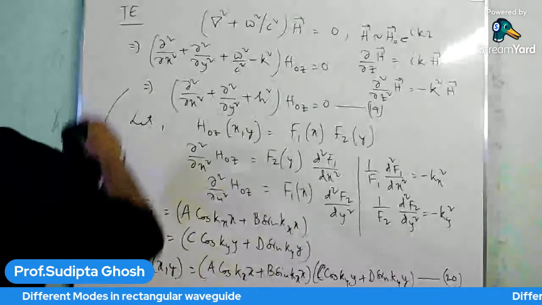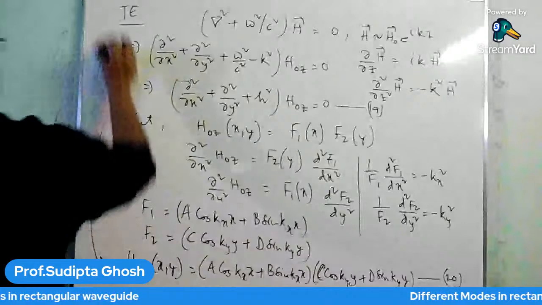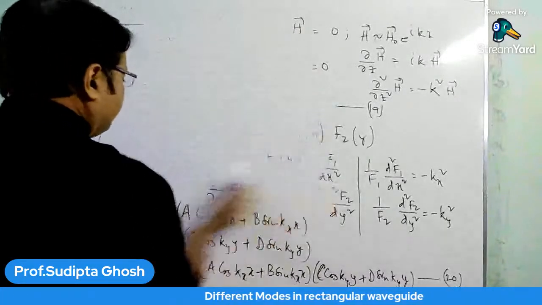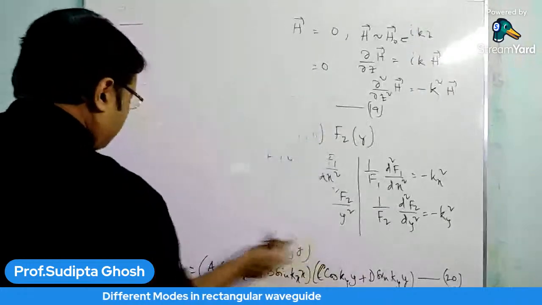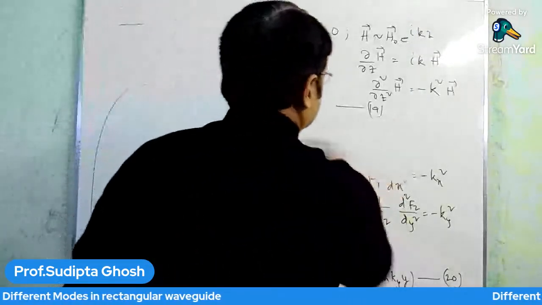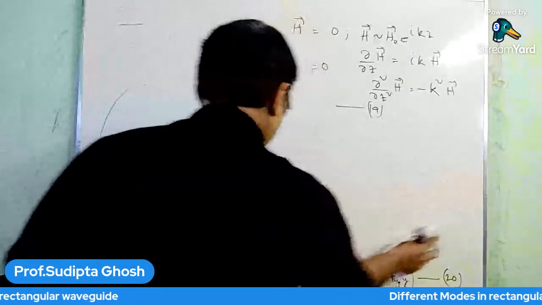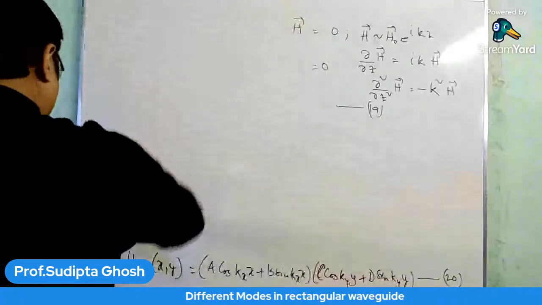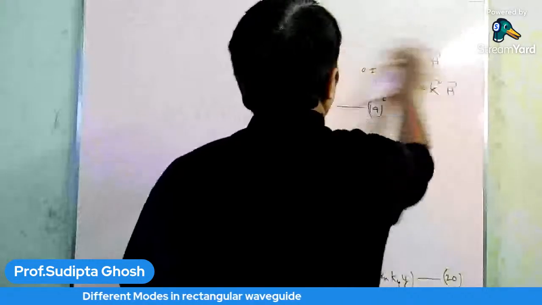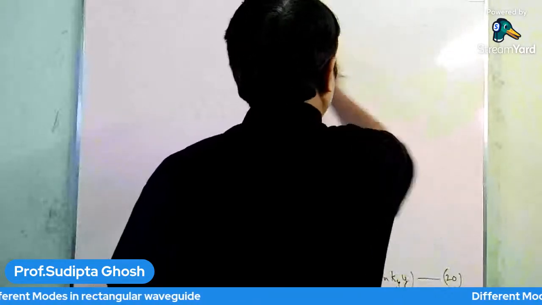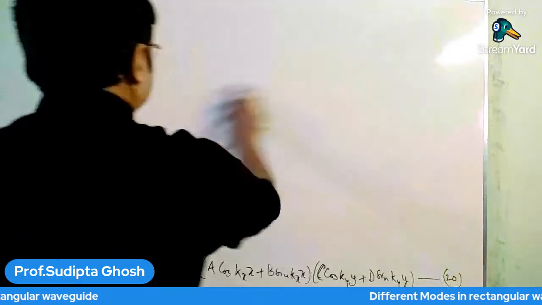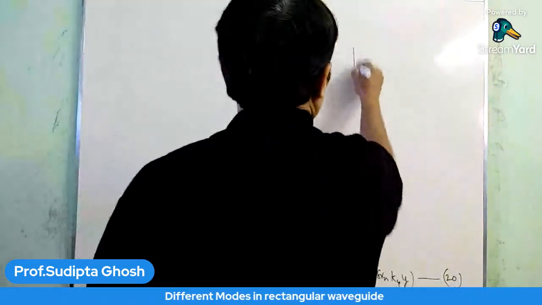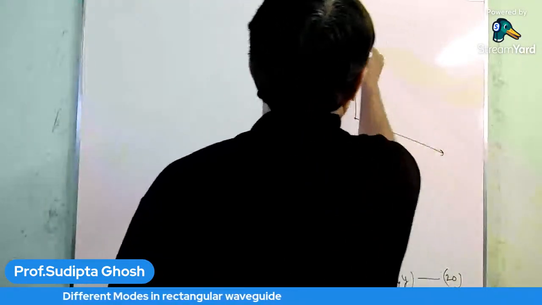I am considering this particular rectangular waveguide structure, and from this the dimensional values are taken as A and B. So just drawing that picture, this is the waveguide I am talking about.